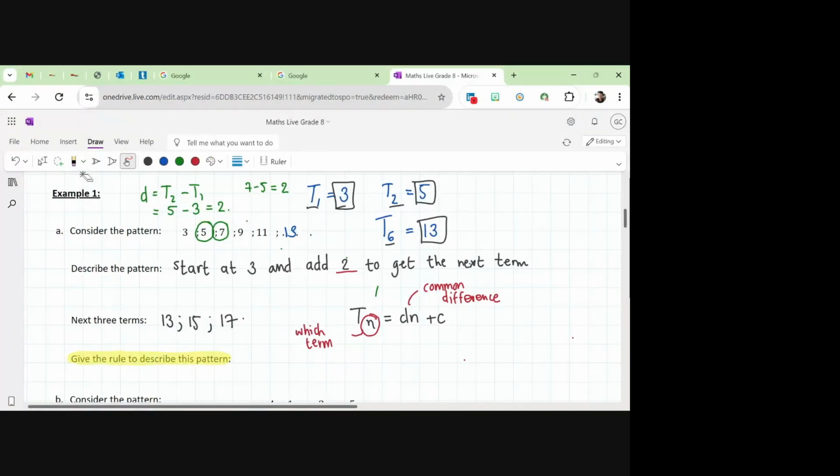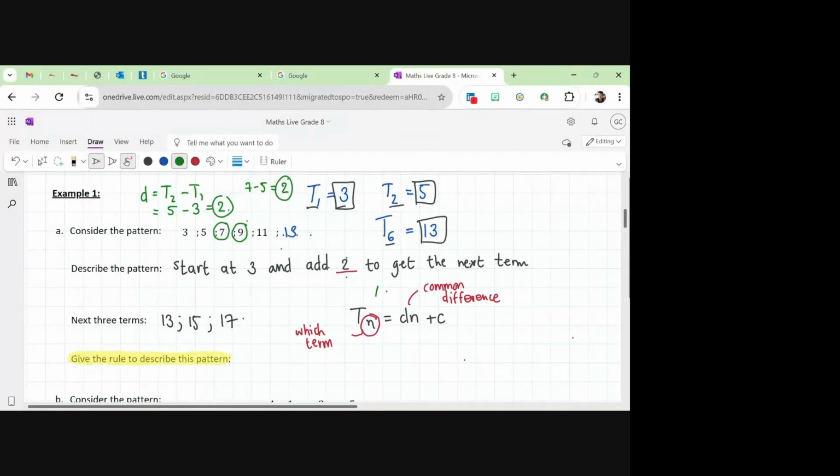I could also do it with the fourth term and the third term. I can take 9 and minus 7, and my answer would still be 2.